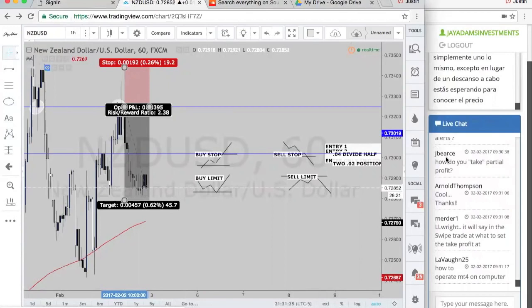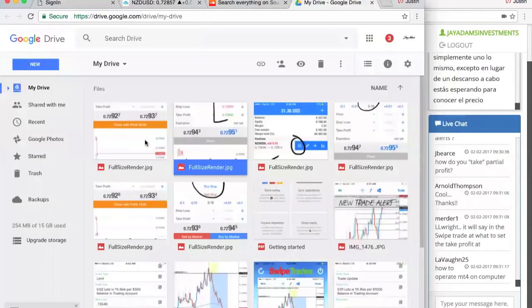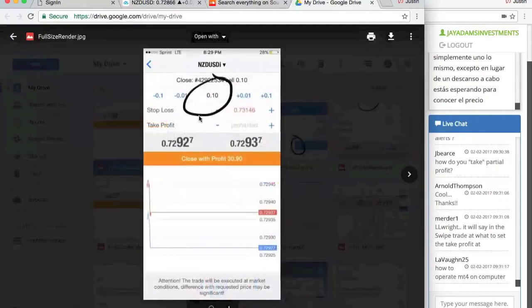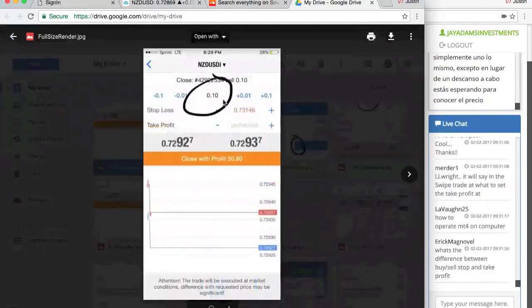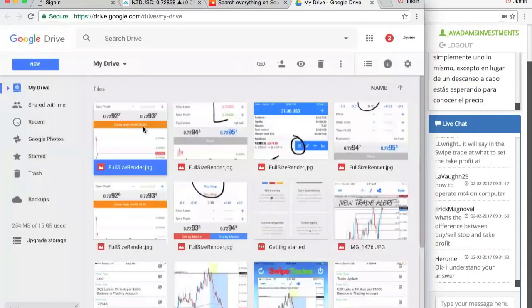How do you take partial profit, Jay Beers? We were going over that a little bit ago, but I will go over it right now really quickly. Simple. If I have a 0.10 position running, this is our NZD USD trade, you simply swipe to the left if you're on your phone, hit the check mark, and then it'll open this screen.